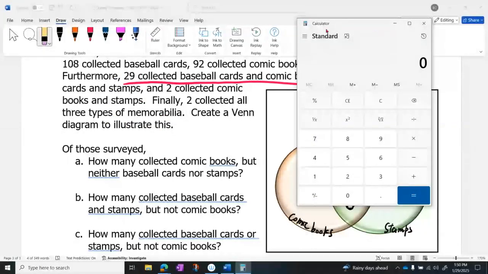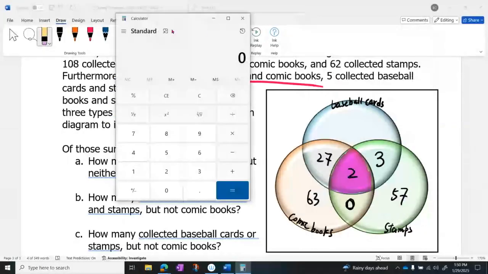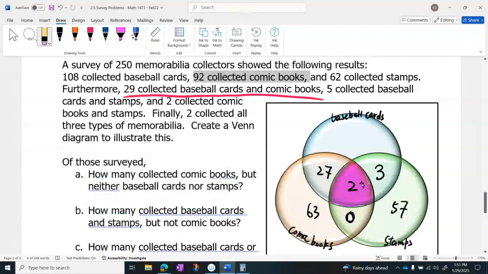I do not recommend that you calculate in your head unless you're very confident and you do not make a mistake. I would encourage you to use a calculator to double check your answer, all right? So 63 plus 2 plus 27, make sure they add up to 92, right? So the numbers match.